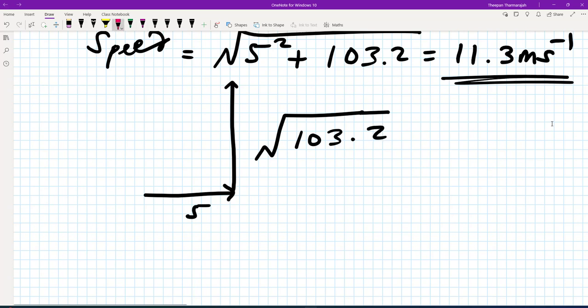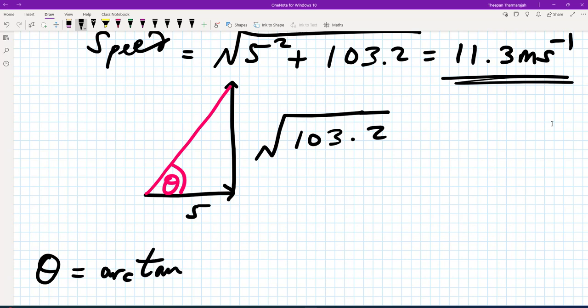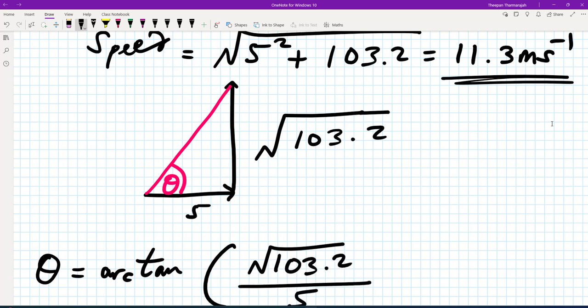And what we want is to calculate this angle, theta. So theta would be arctan, which is the same thing as tan inverse, of square root 103.2 over 5.